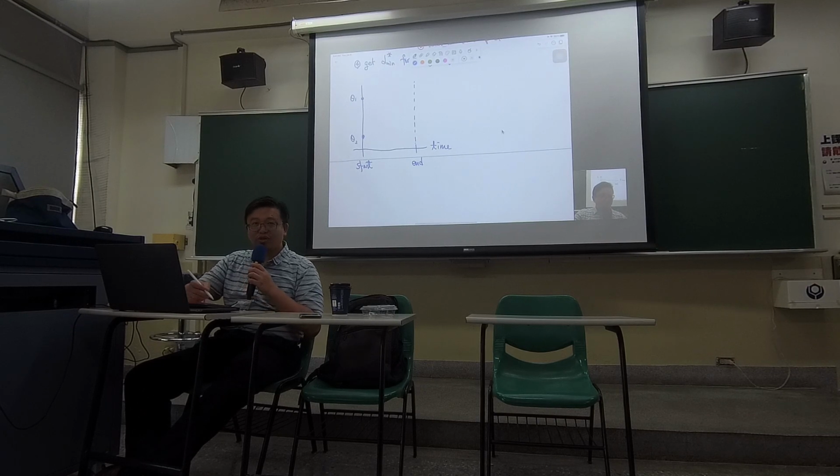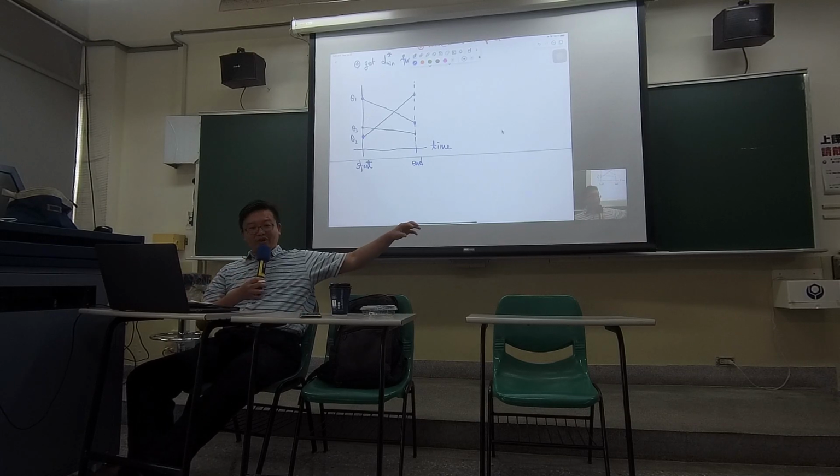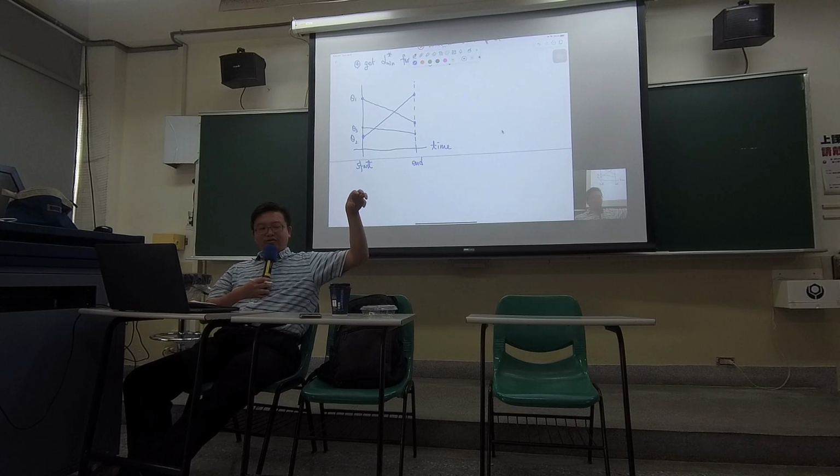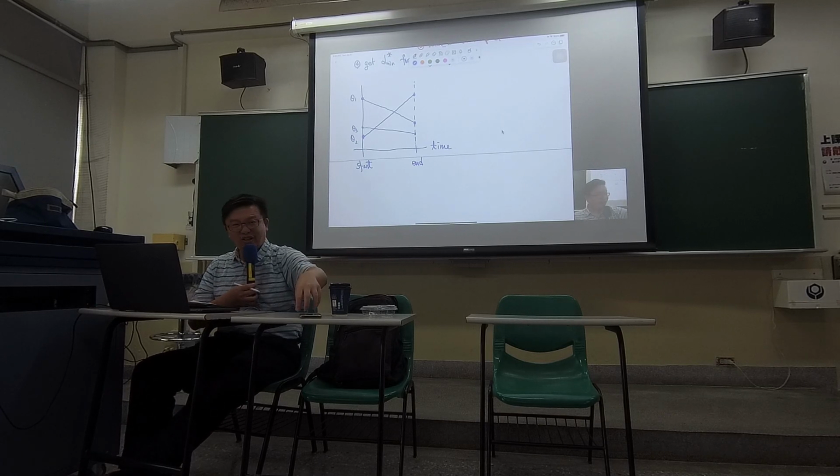Just a random example. Maybe theta 3 is here. Let me just draw 3 of them. And maybe at the end, I need to change my joint angle in such a way. Okay? So I perform some kind of movement from a starting configuration to a final configuration.